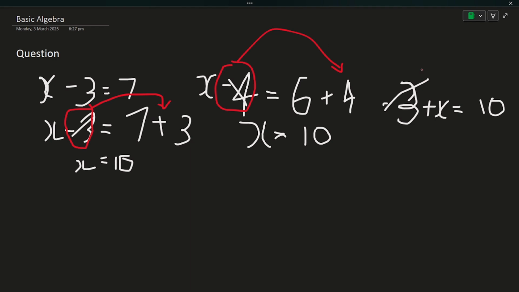By the way, that's a negative 3, so sorry for any miscommunication. That is a negative 3 there, and it'll become a positive 3 here. Sorry if my numbers are quite small, I just need to make use of my small space. So it is equal to 13 because 10 plus 3 is 13, and x is equal to 13.